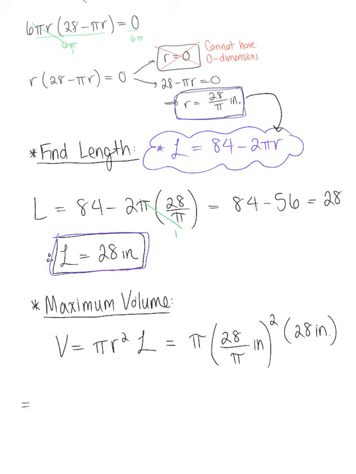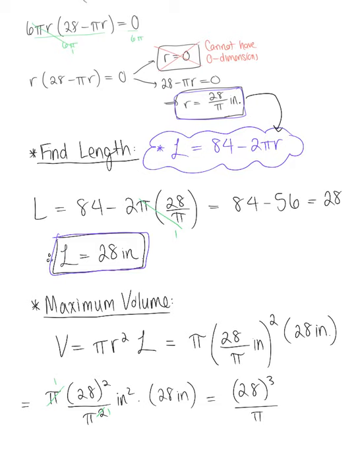And simplifying, we have pi multiplied by 28 squared all over pi squared, and this is inches squared, multiplied by 28 inches. So we can simplify. One of those pi's cancels in our denominator, and we're left with 28 cubed all over pi, and this is inches cubed.